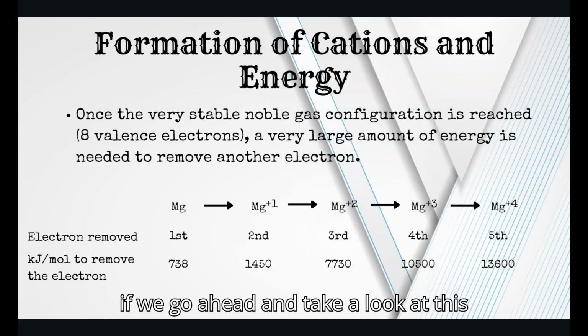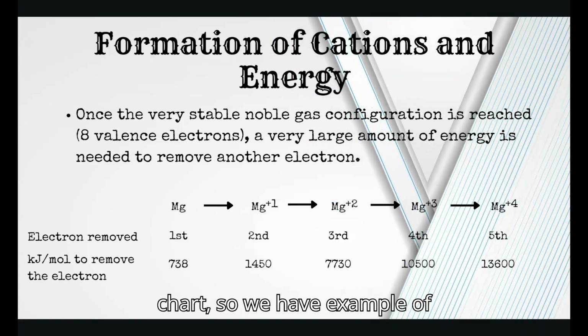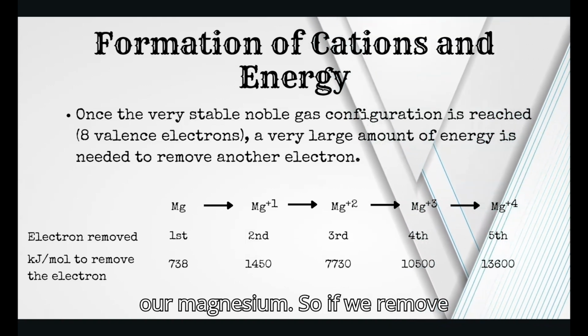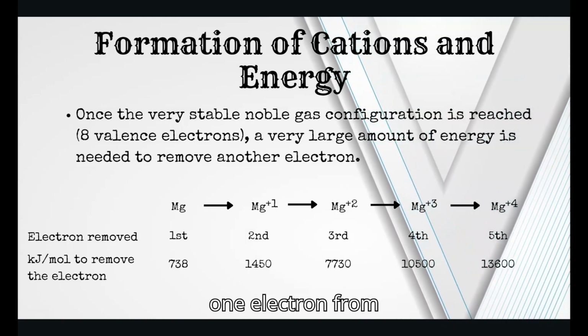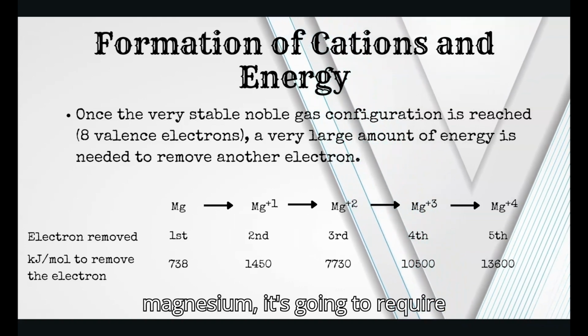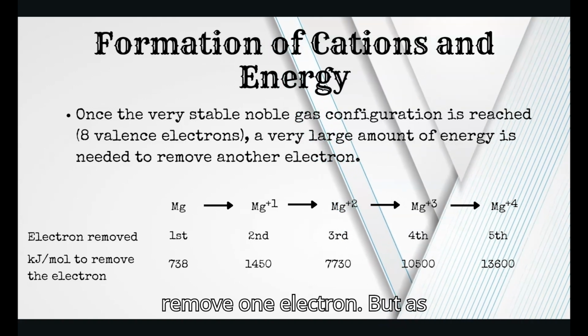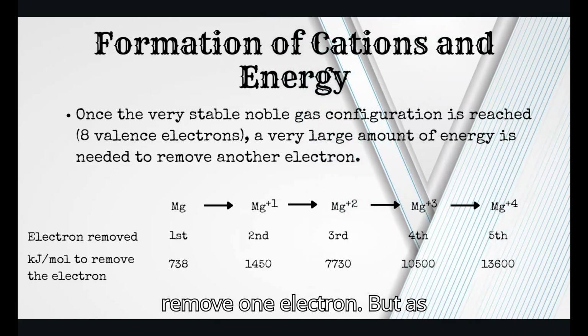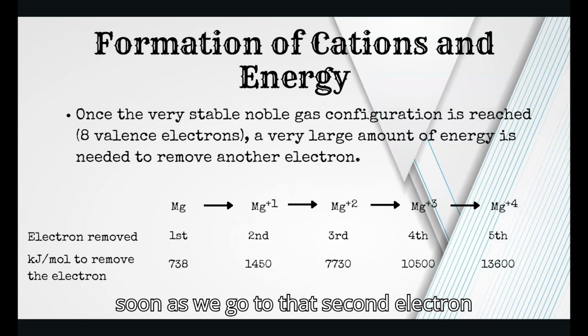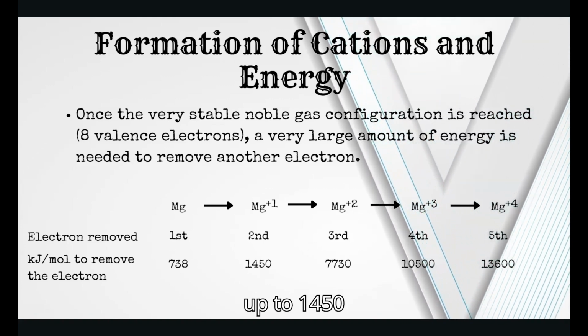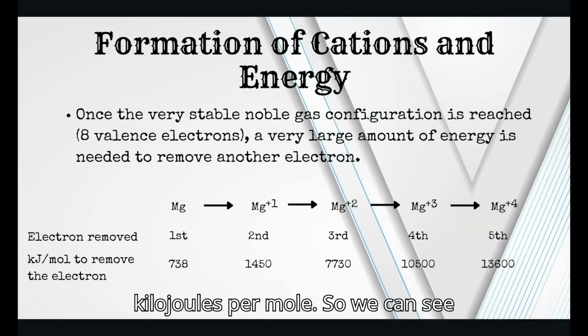If we take a look at this chart, we have the example of magnesium. If we remove 1 electron from magnesium, it's going to require 738 kilojoules per mole. But as soon as we try to remove the second electron, it's going to jump up to 1,450 kilojoules per mole.